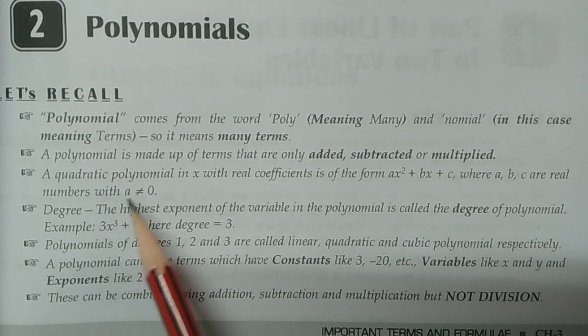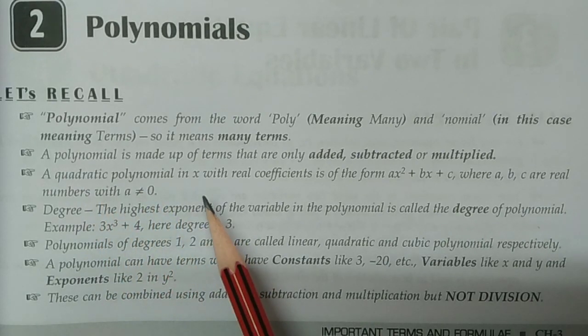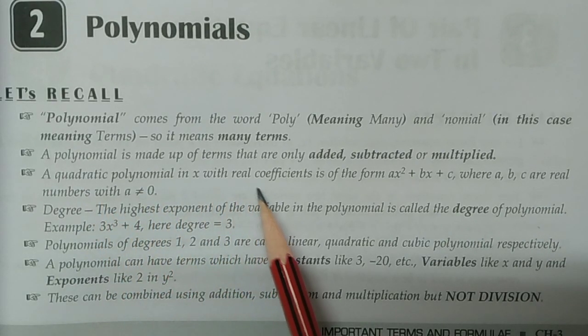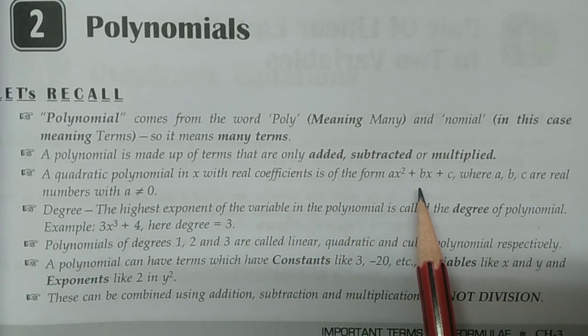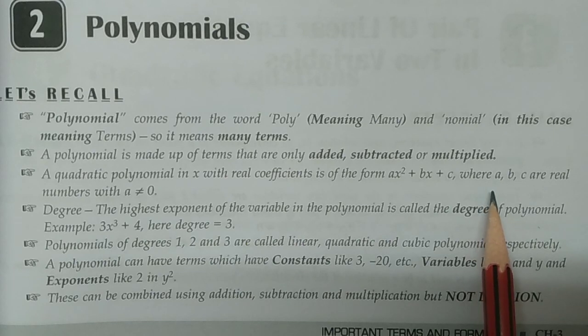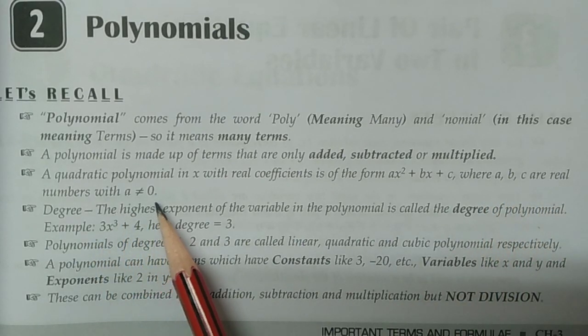A quadratic polynomial in x with real coefficients is of the form ax square plus bx plus c, where a, b, c are real numbers with a not equal to 0.